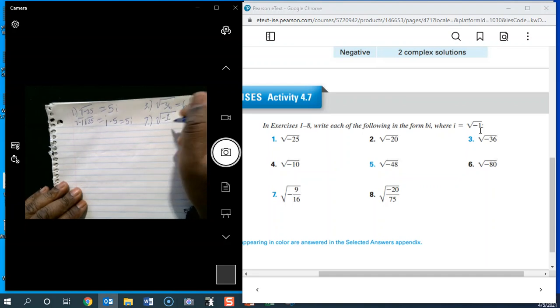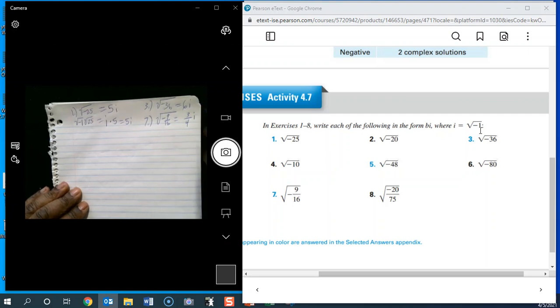So we have the square root of -9/16. Now, both of these are under the radical here. This is what we could do with this problem. We know the square root of 9 is 3. The square root of 16 is 4. And the square root of a negative will give this an i, and the i will be in the middle.